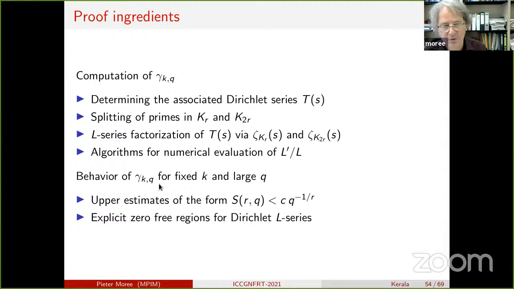And then if you want to know how this behaves for large q, you need to estimate these horrible sums that I showed you. You have to show that they go to 0 if q tends to infinity. And also one needs explicit zero-free regions for Dirichlet L series.